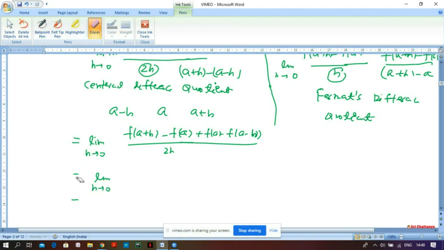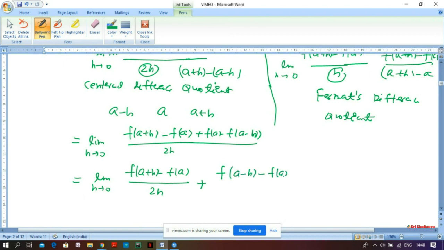So this is limit of h tends to 0, f of a plus h minus f of a, and here I may write plus f of a minus h, over 2h, and plus, note it carefully, f of a minus h minus f of a over minus 2h.